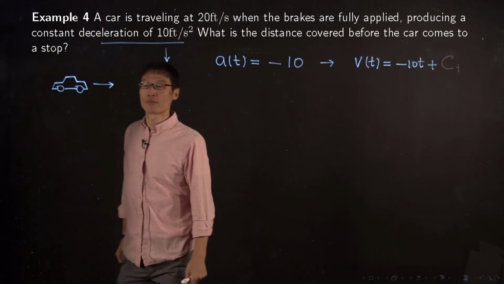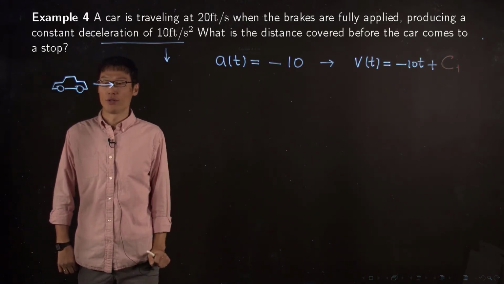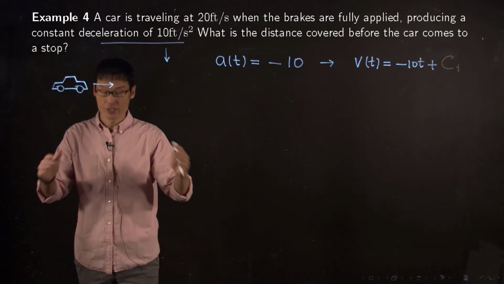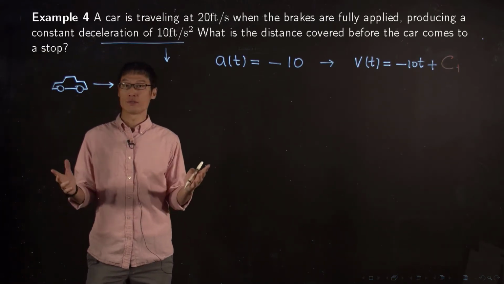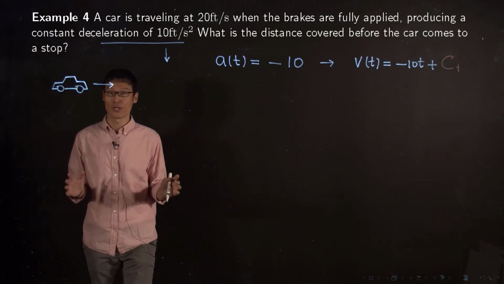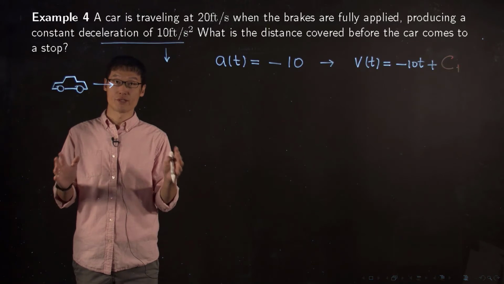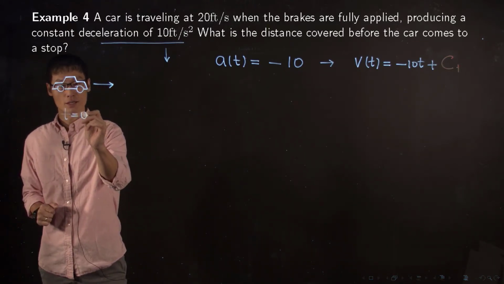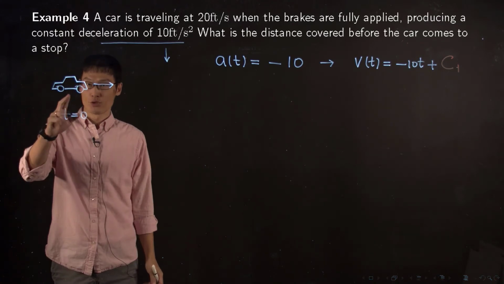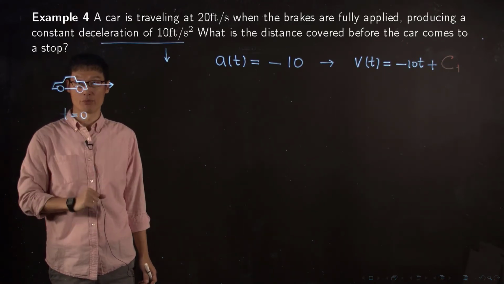And then to determine this c1, we need to fix some time frame. The problem doesn't specify any time frame, but you need to fix one. So it's reasonable to say the driver started to apply the brake at time t equals 0.